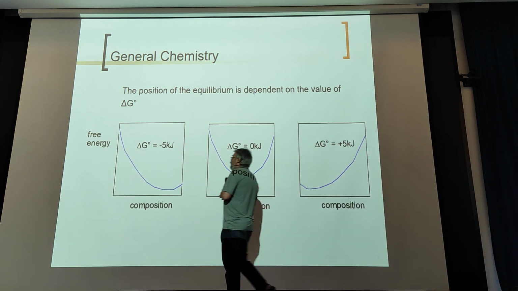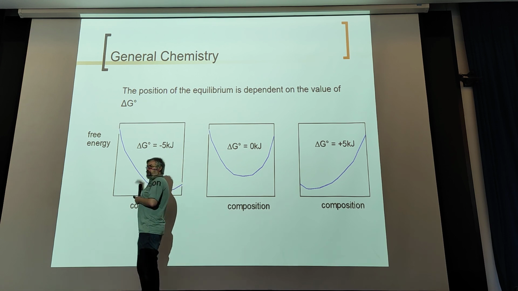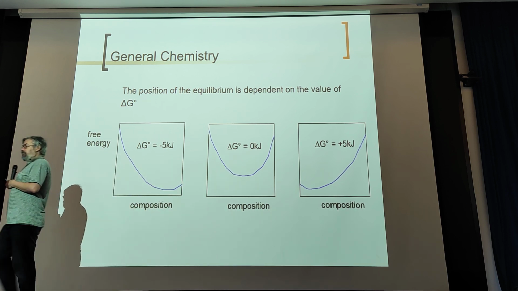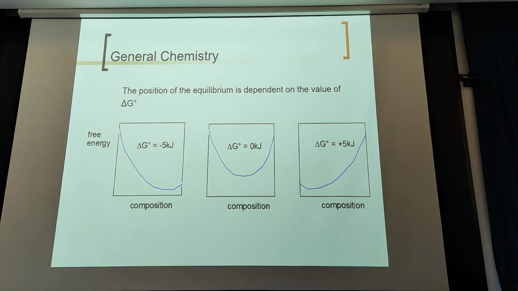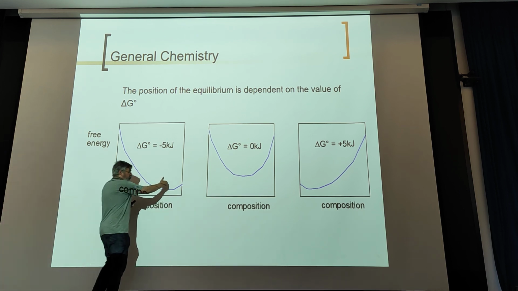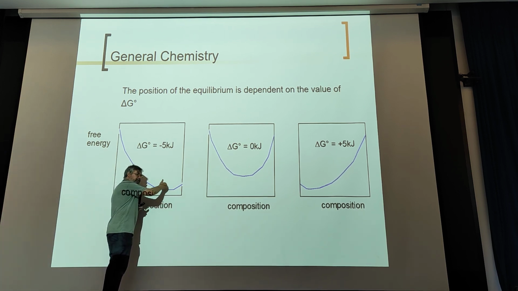So here we have a negative free energy of reaction. We know this is a spontaneous reaction. That means it moves towards the products, so the equilibrium state will be more to the products.